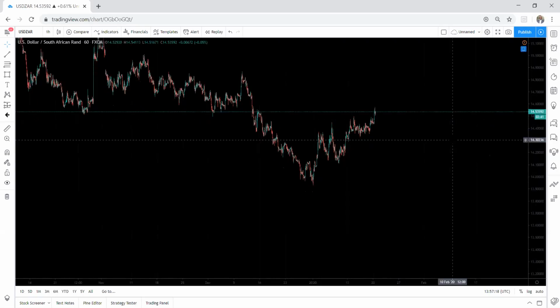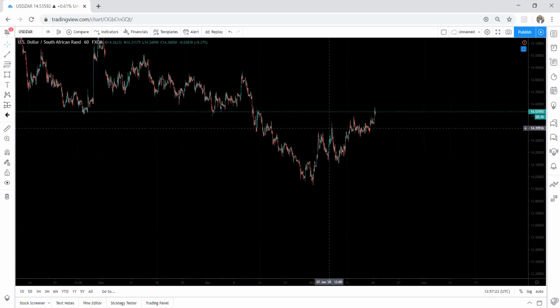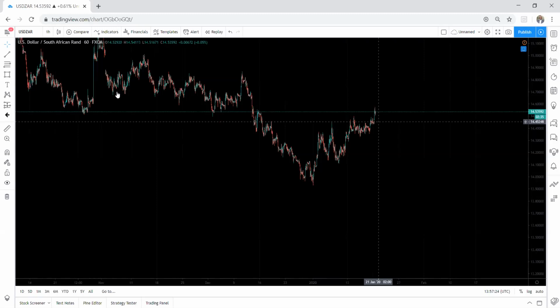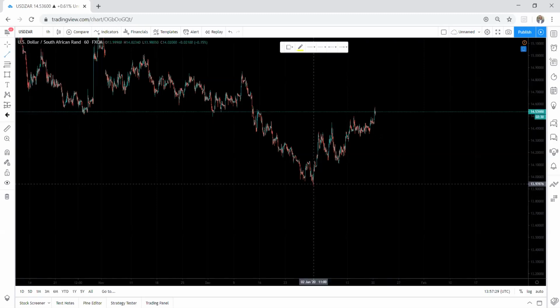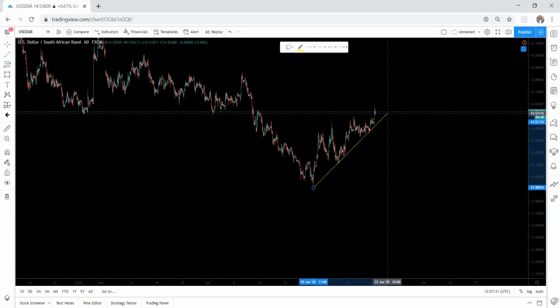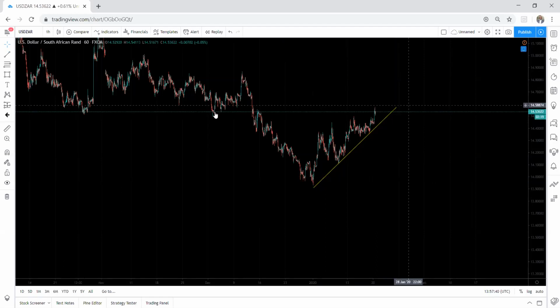Okay, so now what you do, you should know that when you have all this drop, all this you see here, the correction to the drop, the simple thing to get a setup here is by drawing your counter trend line like this. Draw your counter trend line like this, and what you'll be looking for is a break of this counter trend line.